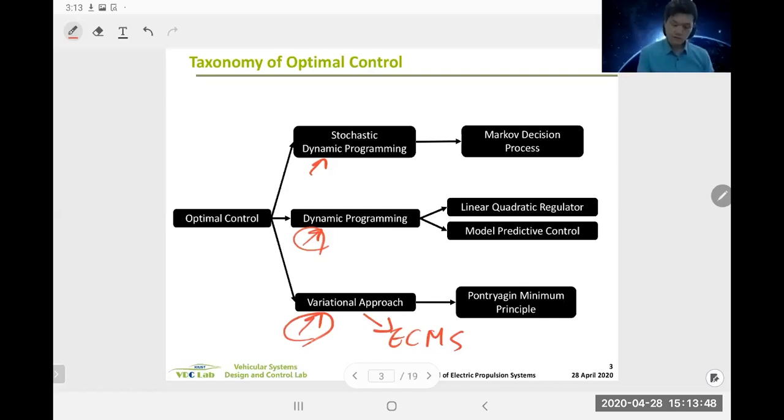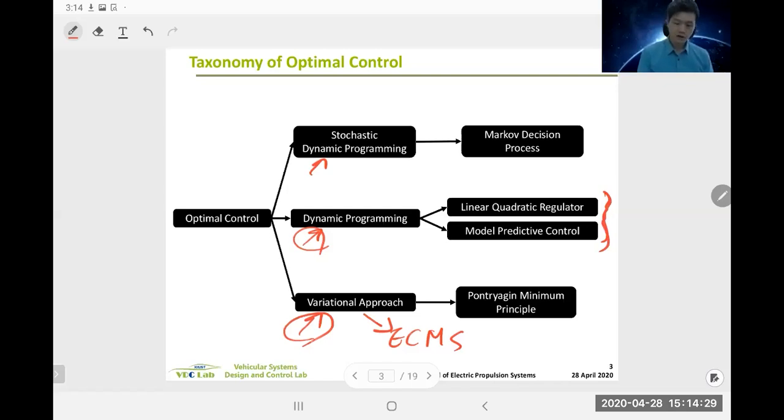By the way, if you have taken linear systems and trajectory optimization or optimal control coursework, then you're probably familiar with these 2. Okay, linear quadratic regulator, or LQR, or MPC, model predictive control. And these 2 are actually a special case of dynamic programming.